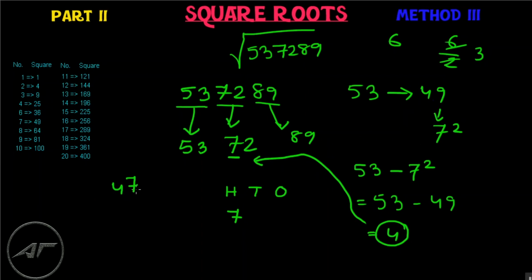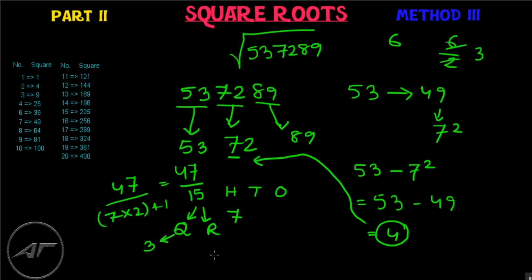We divide this number by 7 into 2 plus 1, which is equal to 47 by 15. Now this gives us a quotient and a remainder.